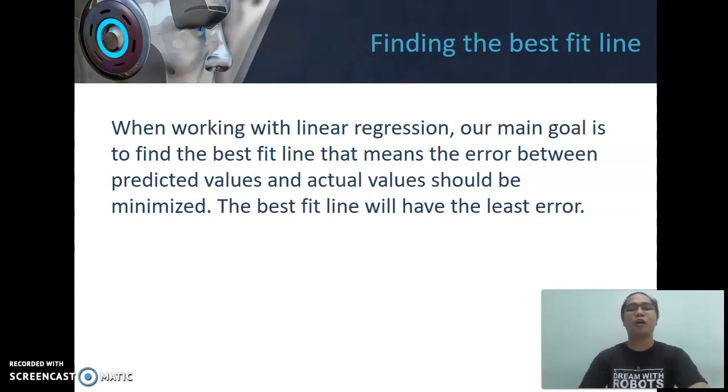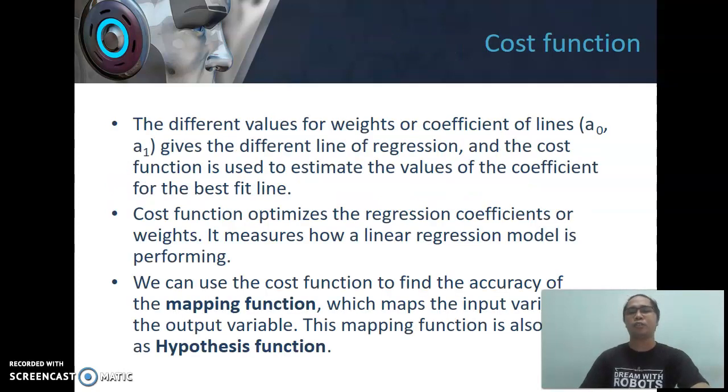Different values of the weights or coefficients of the line, a sub 0 and a sub 1, give a different line of regression. So we need to calculate the best values for a sub 0 and a sub 1 to find the best fit line. To calculate this, we use the cost function, as shown in the next slide.